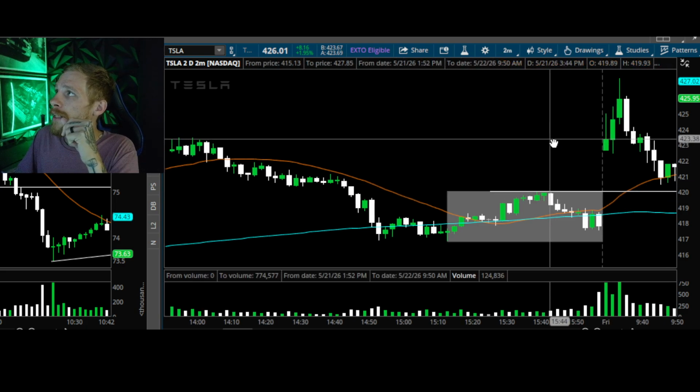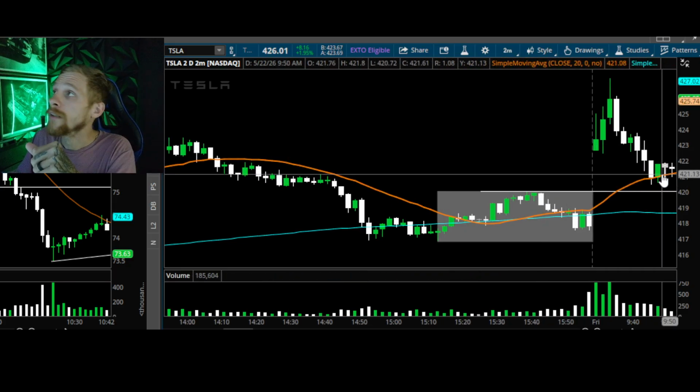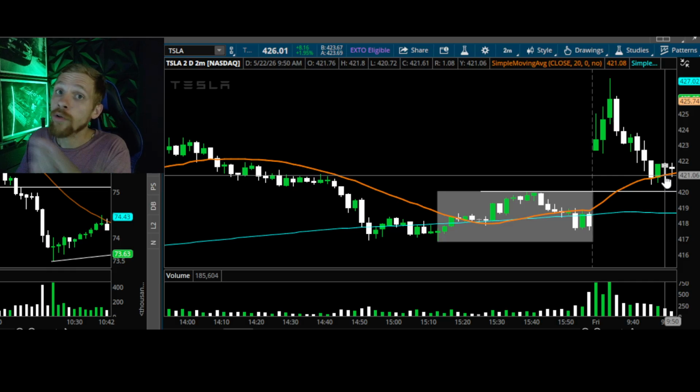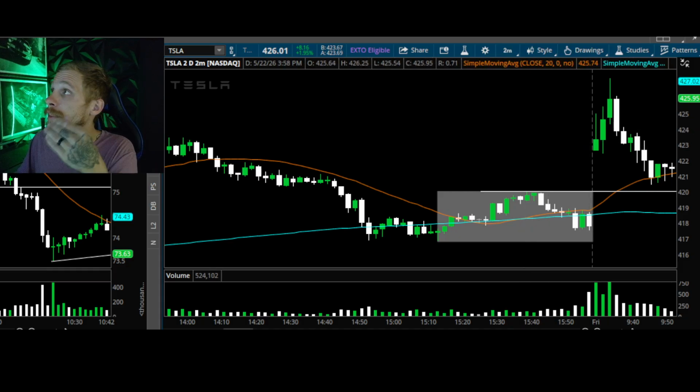Now, right here, we're getting a little bit of consolidation right on top of that 20, right? So the 20 is acting as some sort of support, some sort of floor here. I'm taking note of this immediately. Also, paired with this 20 is the support of this top Fab 4 level.